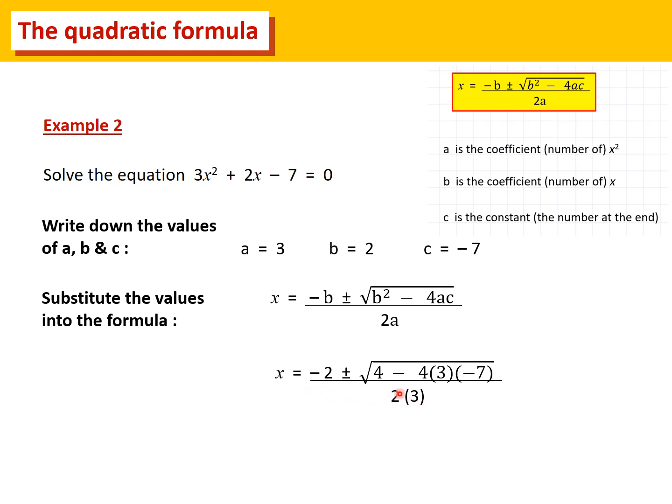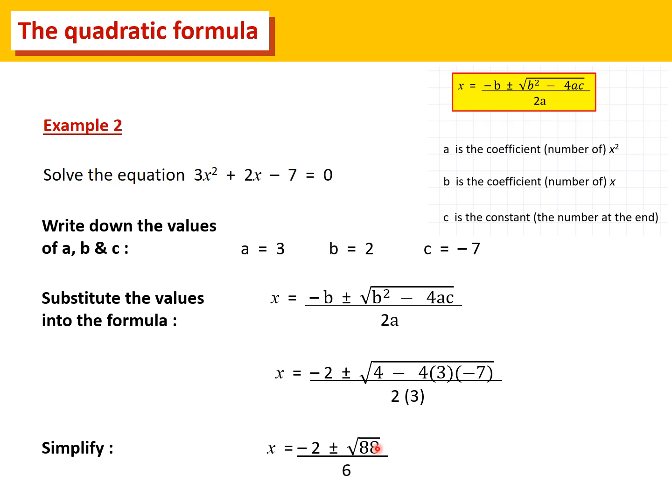Note the divide by is divide by the whole of the numerator, and also look out for the square root bit, you are square rooting the whole of this. So to simplify, I would recommend working that out separately and simplifying it on the next line, and that's what you get.